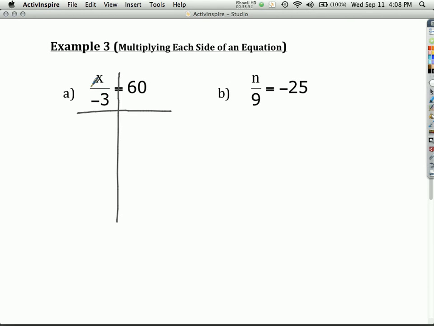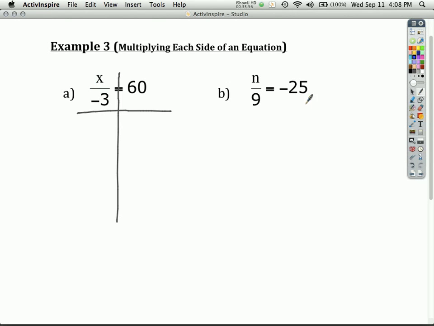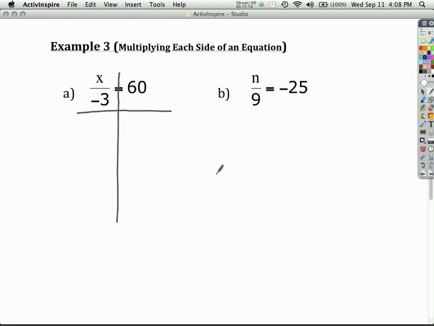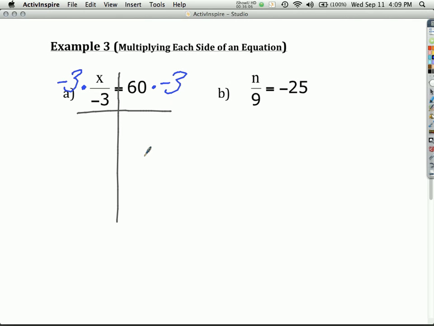The inverse of divide is multiply. So we are going to multiply both sides by negative 3. If you multiply by positive 3, you are going to mess up the whole thing. The only thing that will cancel this negative 3 is this negative 3. If you put a positive 3, then that is a mistake.